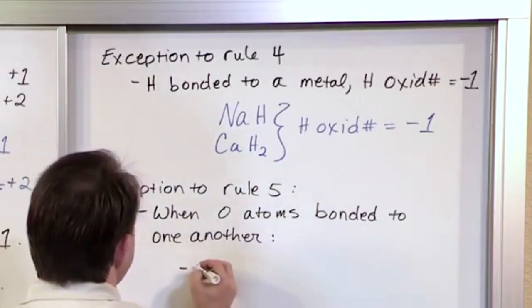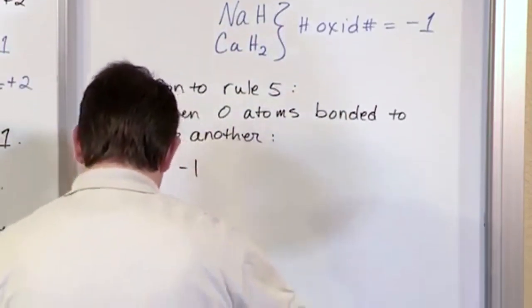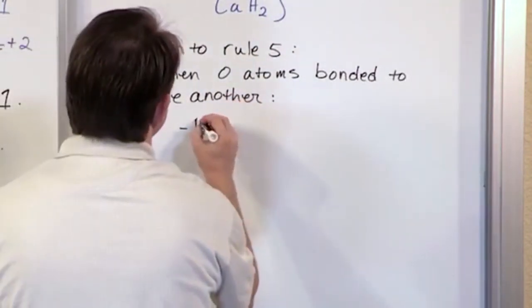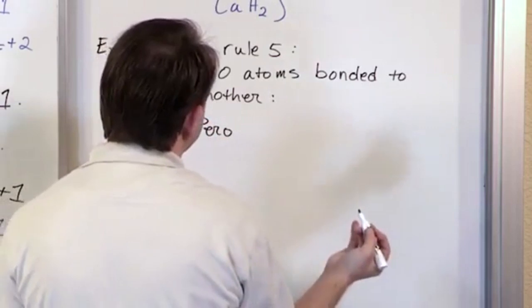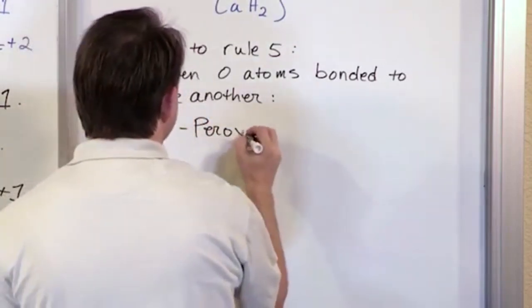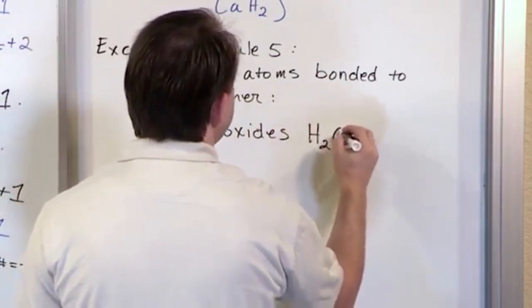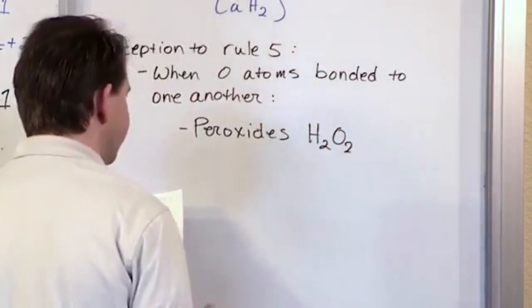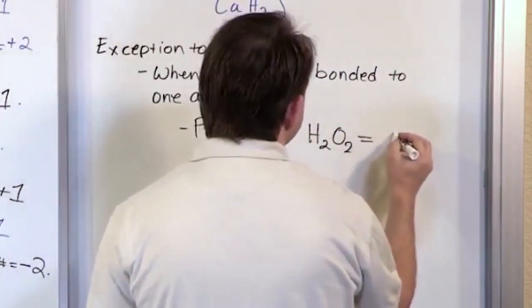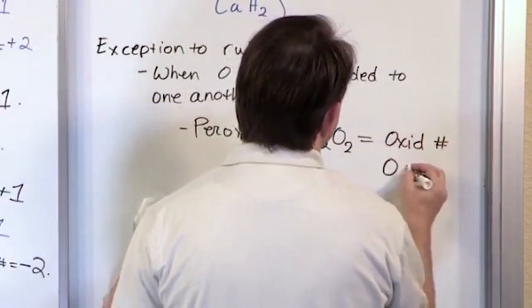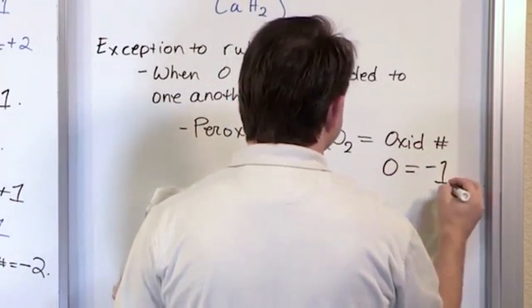So for instance, you have this thing called peroxides. You've heard of hydrogen peroxide, right? For instance, H2O2, this is hydrogen peroxide you find in your medicine cabinet. In this case, the oxidation number of oxygen is equal to -1.